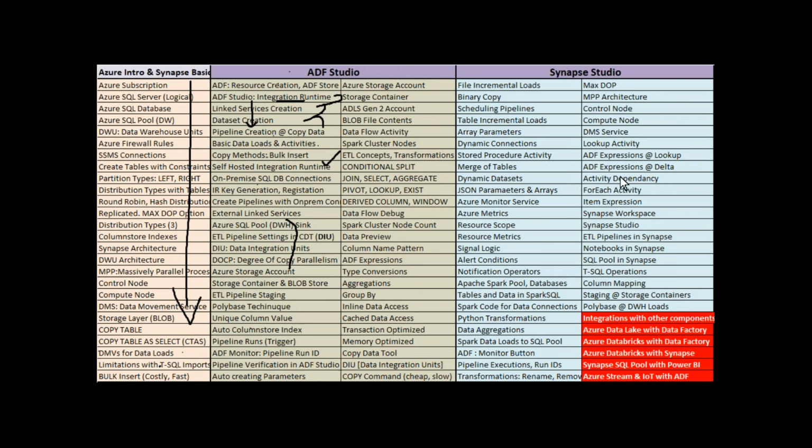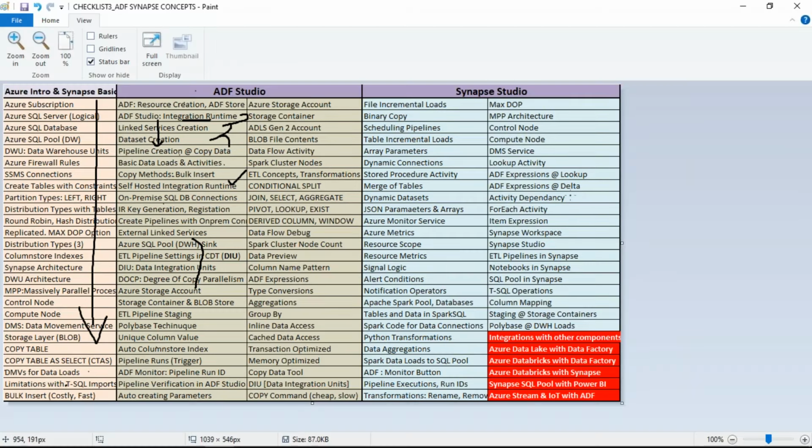We have activity dependency. For example, the other day, we learned if a procedure activity is success, then only execute the notebook activity. You remember now? Firstly procedure activity, then notebook activity, Synapse pipelines, Synapse Studio.